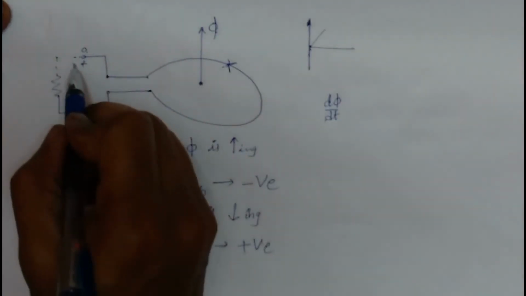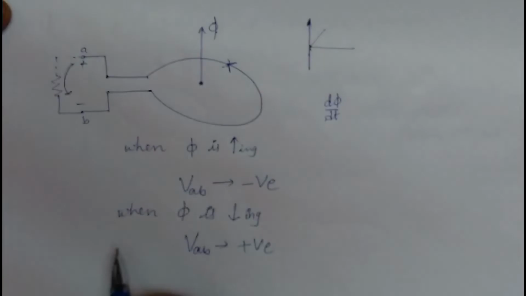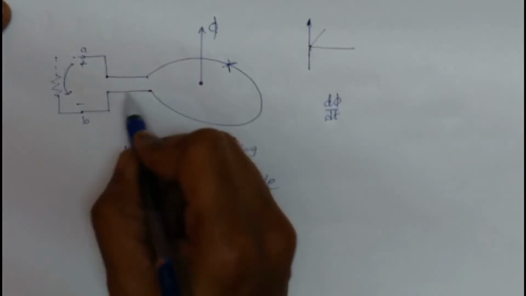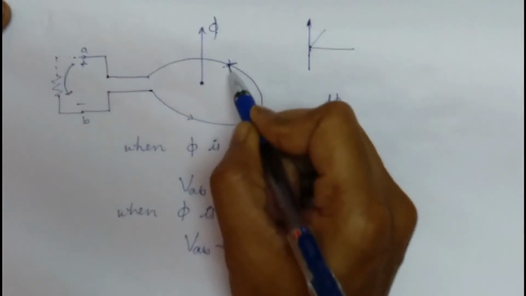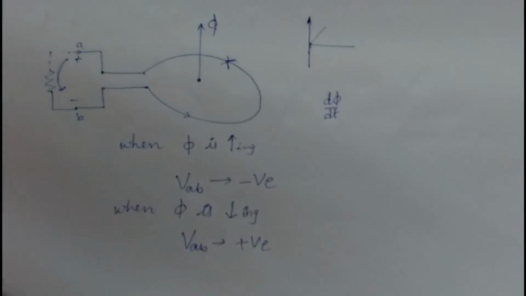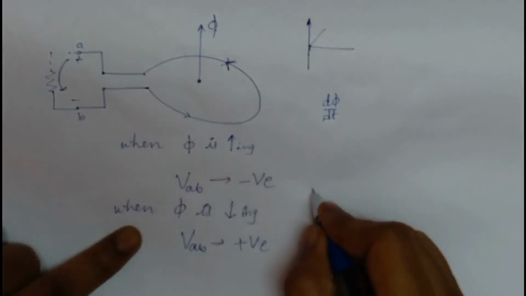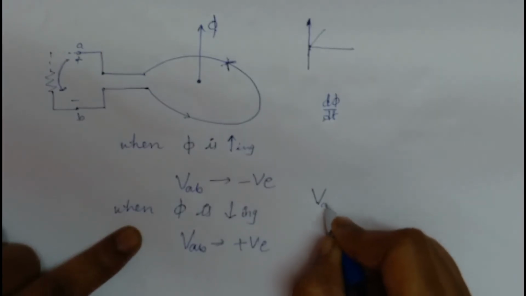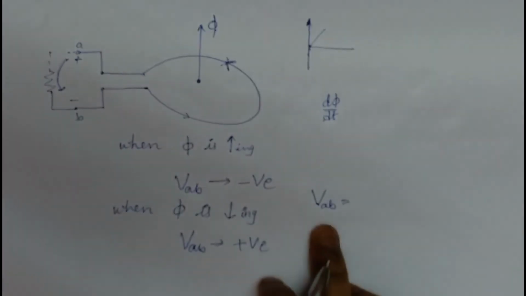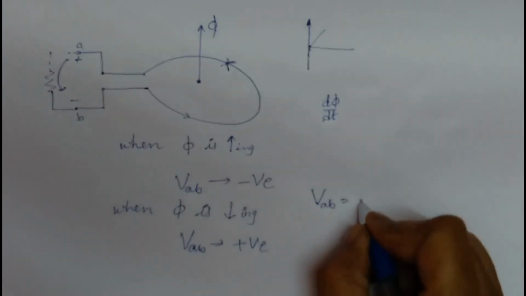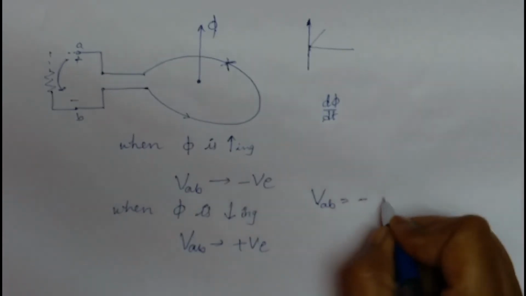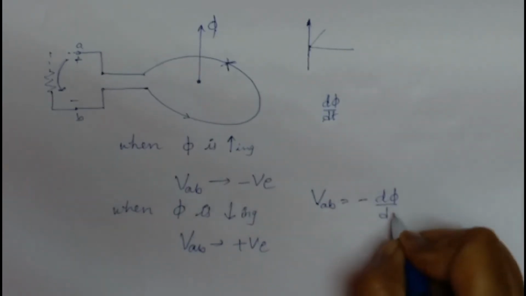When VAB is positive, my current flows in this direction, and this direction will satisfy the condition. So from Lenz's law, we can state that VAB is equal to minus d phi over dt.